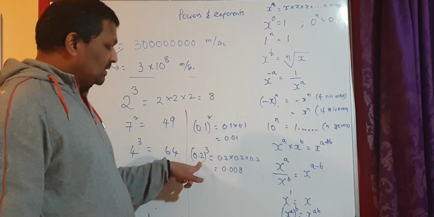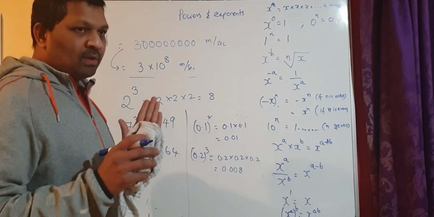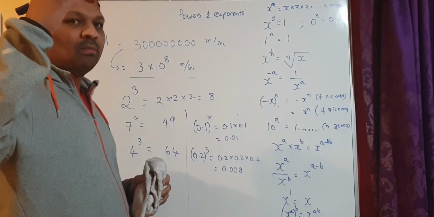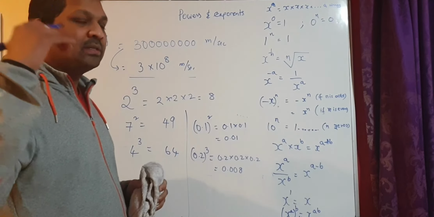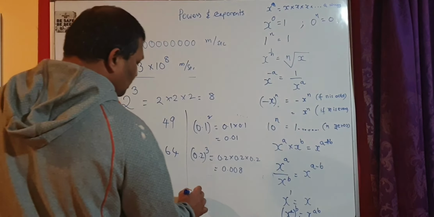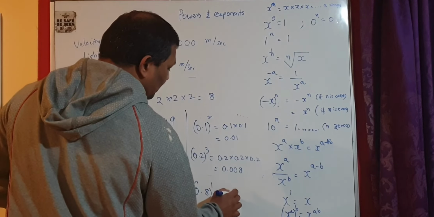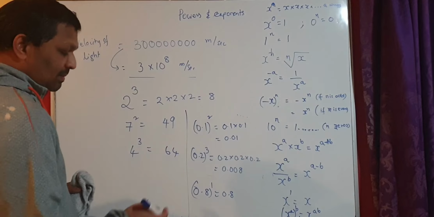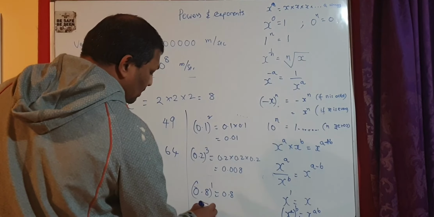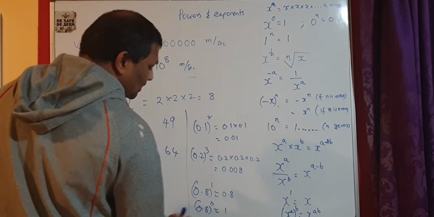Any decimal number that is between 0 and 1, if you raise it to a power more than 1, the reason why I am saying more than 1 is, for example, if you put 0.8 to the power of 1, it's going to be 0.8 only, it remains the same. For example, 0.8 whole to the power of 0 is 1. It's not a 0.